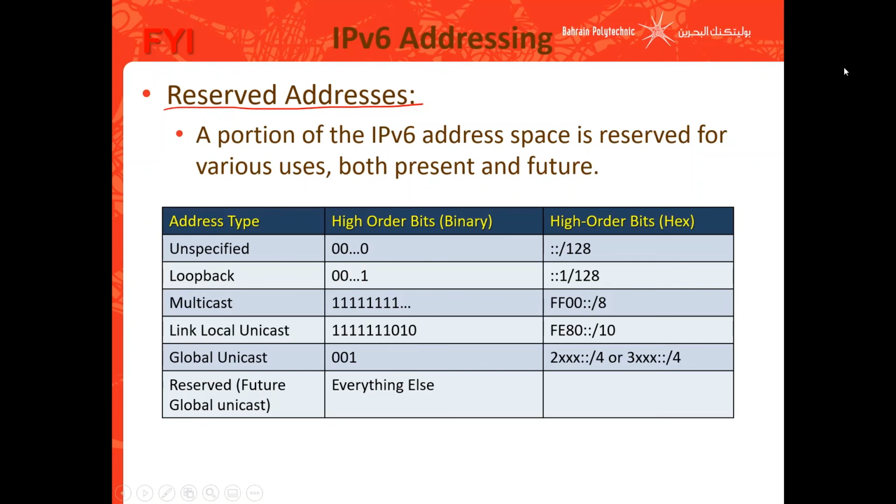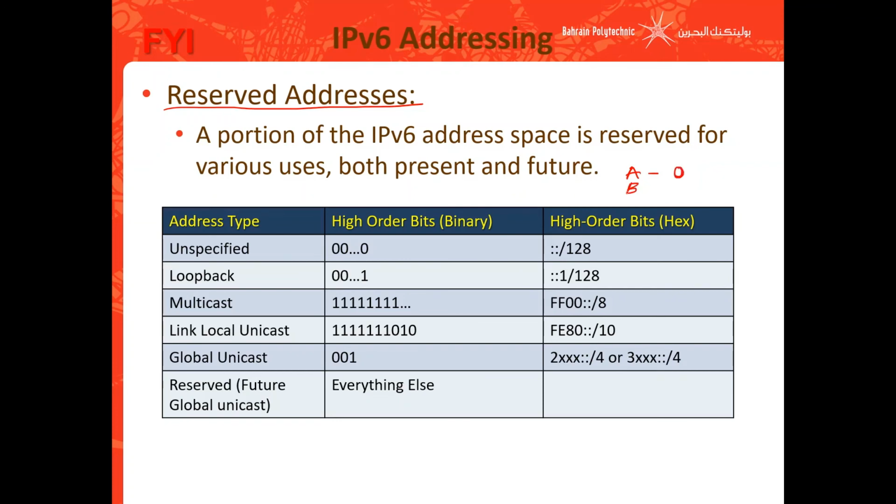I don't know if these will make a lot of sense to you right now, but I'm sure it will make sense in the future. These are just the different types of addresses and how they look. If you remember, previously I said for IPv4 that if you are in class A, then usually the first bit is 0.